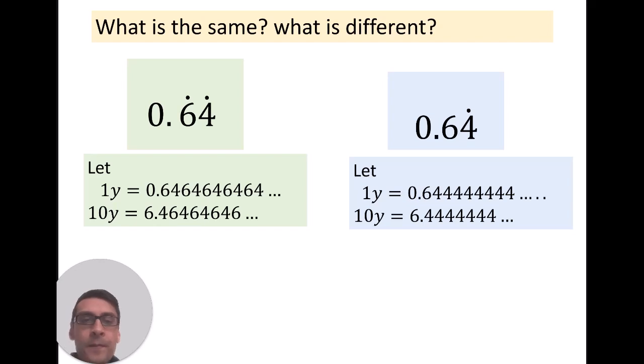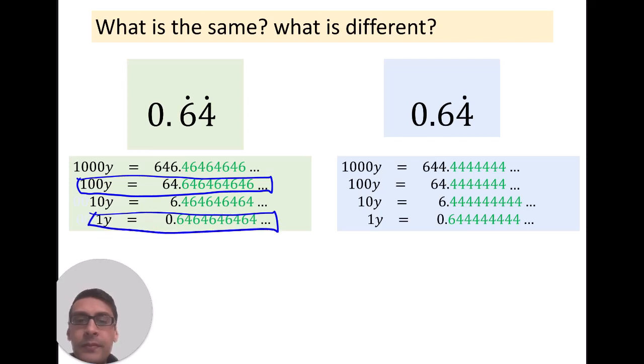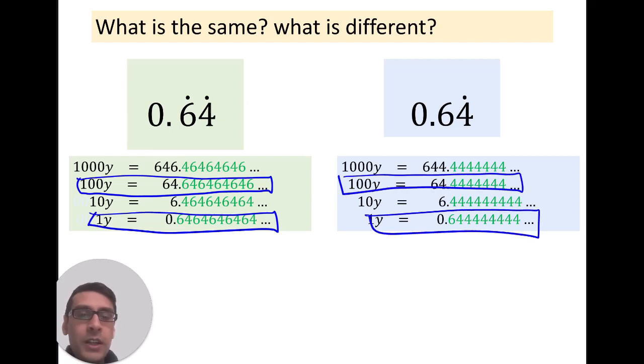And you can remember that when we do our subtraction, in the previous example we did, for example, 100y take away 1y. Well, the difference here is if we were to do 100y take away 1y, the recurring part doesn't match.